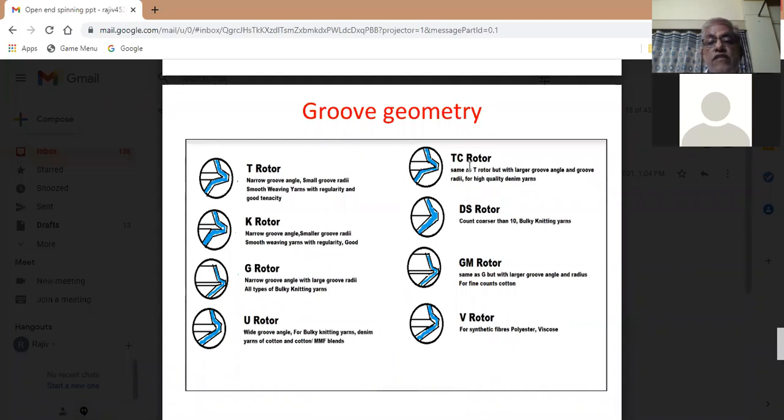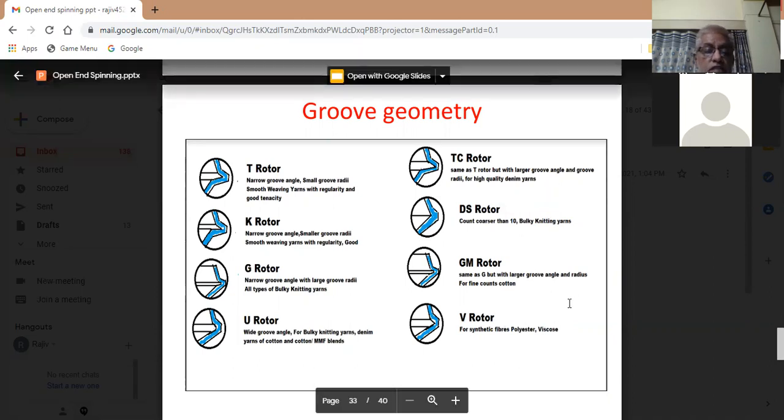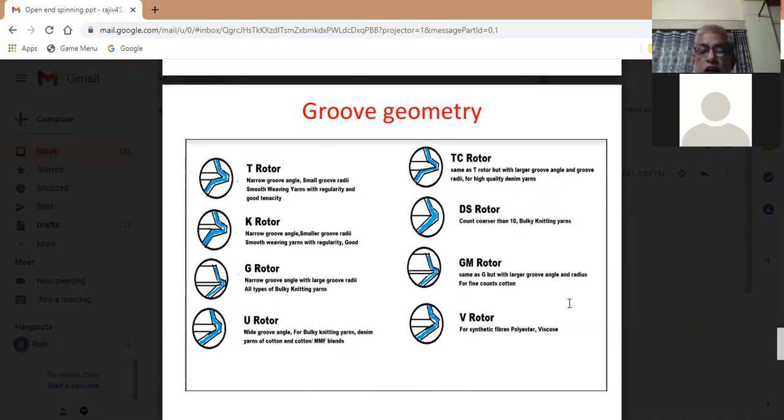Extension of T rotor is TC rotor, same as T rotor but larger groove angle. DS rotor is also used for counts coarser than 10's for preparing bulky yarns. GM rotor is also same as G rotor but with large groove angle and used for fine counts. And V rotor is used for synthetic fibers like polyester and viscose.